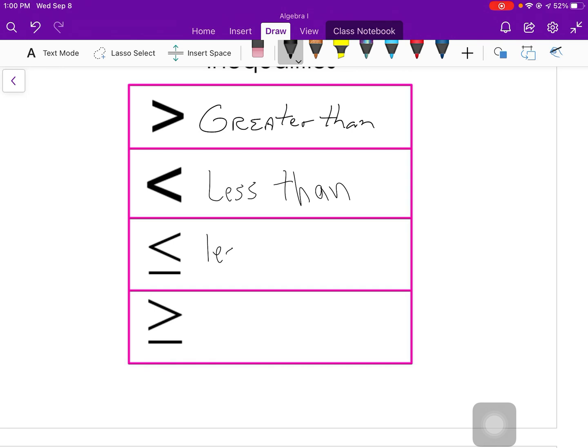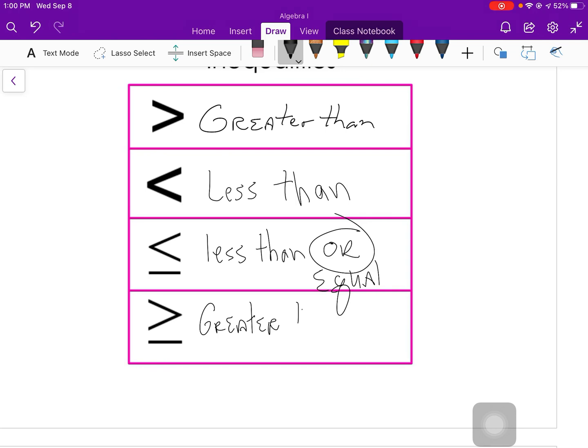So this one would be less than, and I'm going to stress the or part, or equal. And the bottom one would be greater than or equal. Okay, now when I'm filling these in on the number line, I go to the actual number. These would be open circles because they're not included. And then on the number line, I'd fill the circle in with a dot because the number is included.